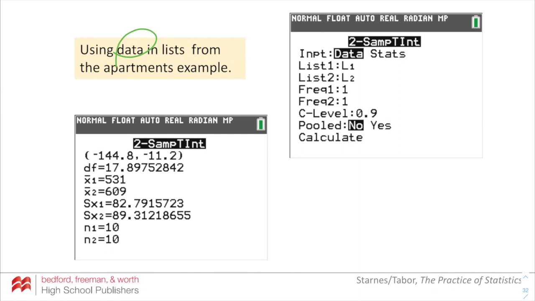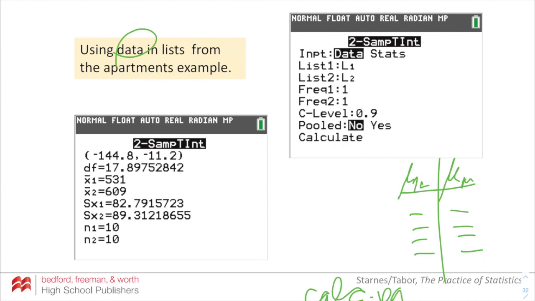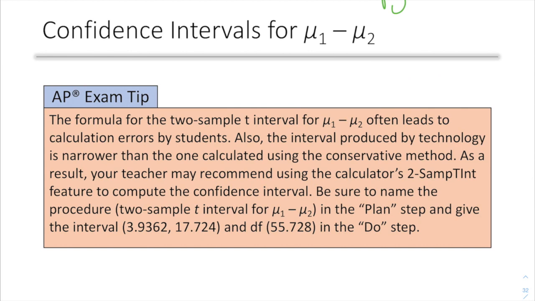What you would have to do is go into your calculator and go into your Excel spreadsheet, and you would have to put in the large versus the medium, and you would have to put in all of that data, then go to a calculator page and do your two sample t interval and choose data. Choose data, and then it's going to ask you what spreadsheet it's at and things like that.